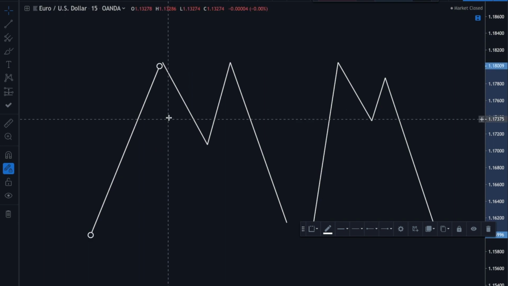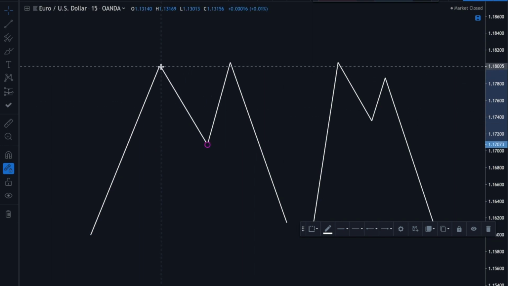Now what happens once they go, let's say, 25 to 50 pips above the initial high of Asia? The whole M or W, when you really simplify it, all they're doing, guys, is inducing traders to take positions, because without traders taking positions, they cannot move in the direction that they actually want to move.